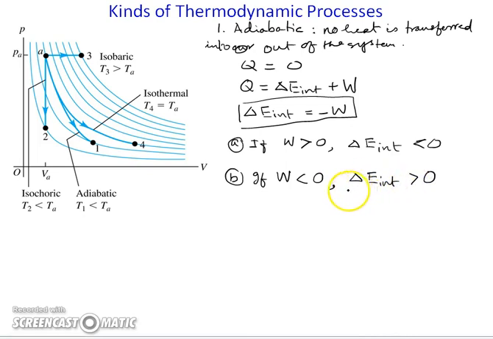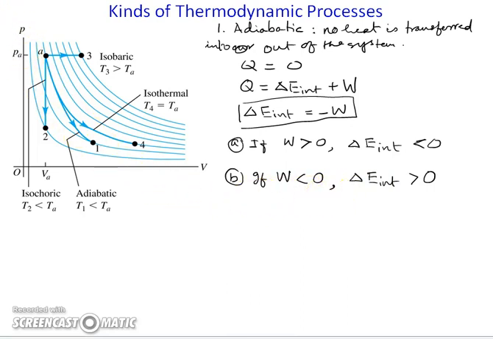And an example could be the compression stroke in an internal combustion engine, where work is negative, and then the internal energy of the internal combustion engine increases.